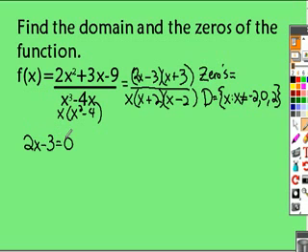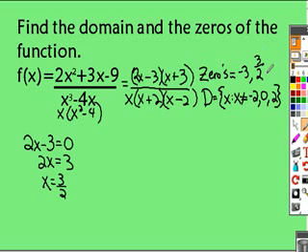You add 3 and divide by 2. So it's actually 3 halves and negative 3. Remember, this is one variable and you can have a fraction.